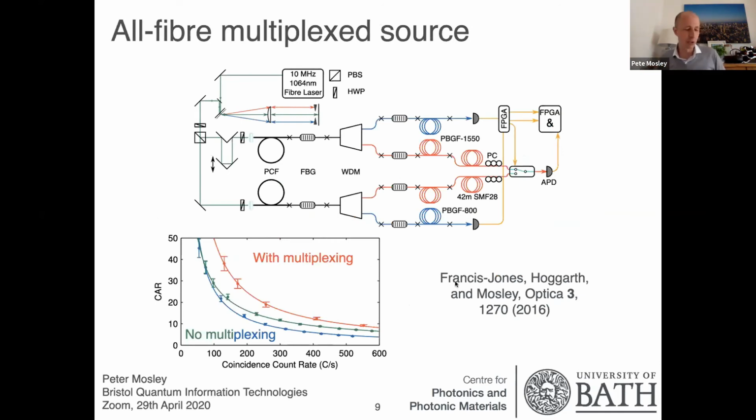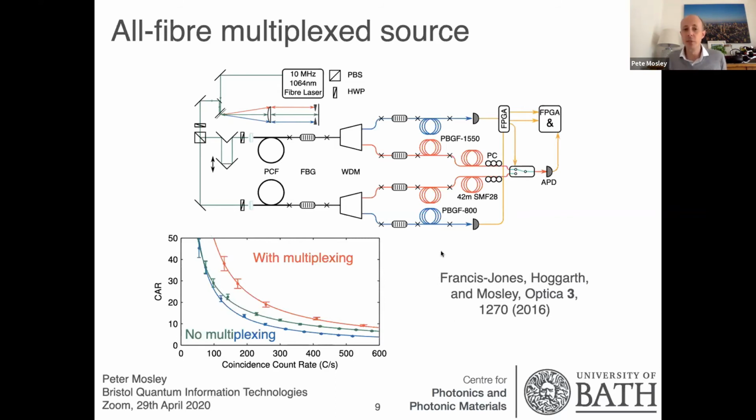So back when I spoke in 2014, we got a bit of money to do this, but hadn't really got there yet. But we built two of these heralded single photon sources next to one another with a couple of detectors at the end and a 2x2 switch, and some homemade FPGA electronics to enable us to feed forward to that switch and to increase, in this case, the coincidence to accidental ratio by multiplexing over these two sources, to get better performance than we could with each source individually.